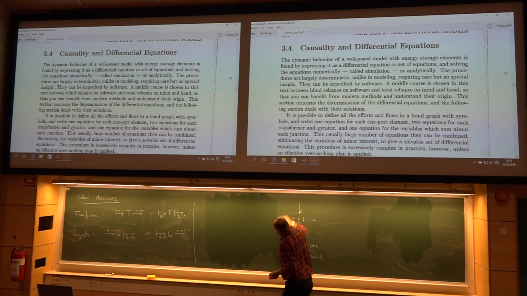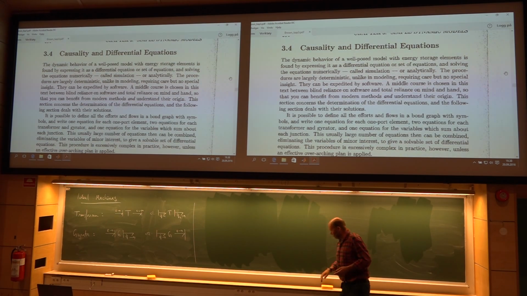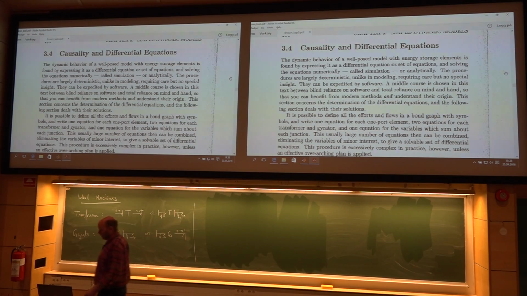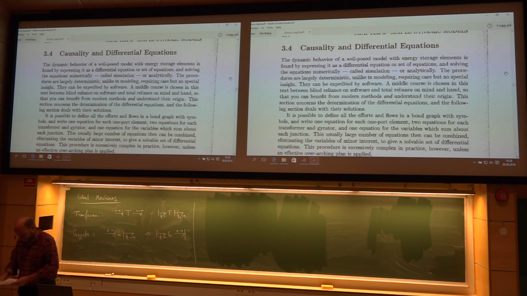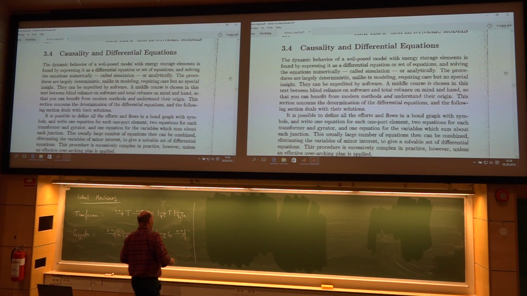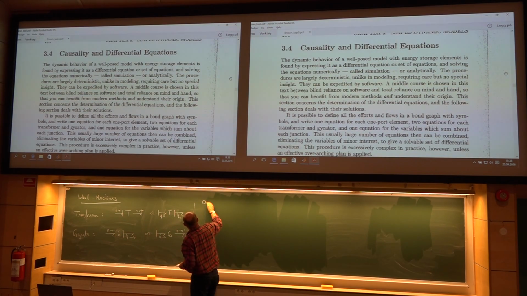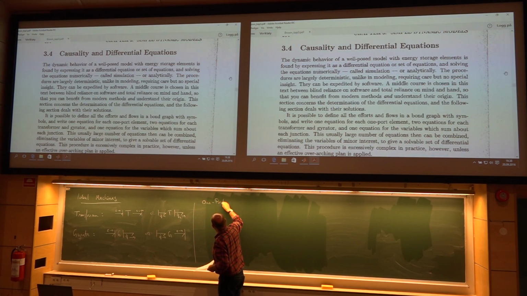Then finally, the elements, one-port elements: the resistance, the inertance, and the compliance.